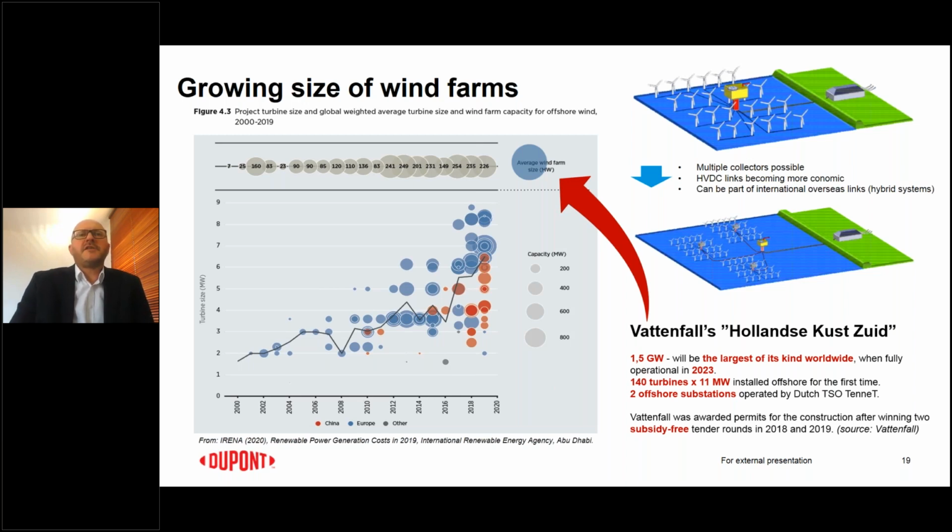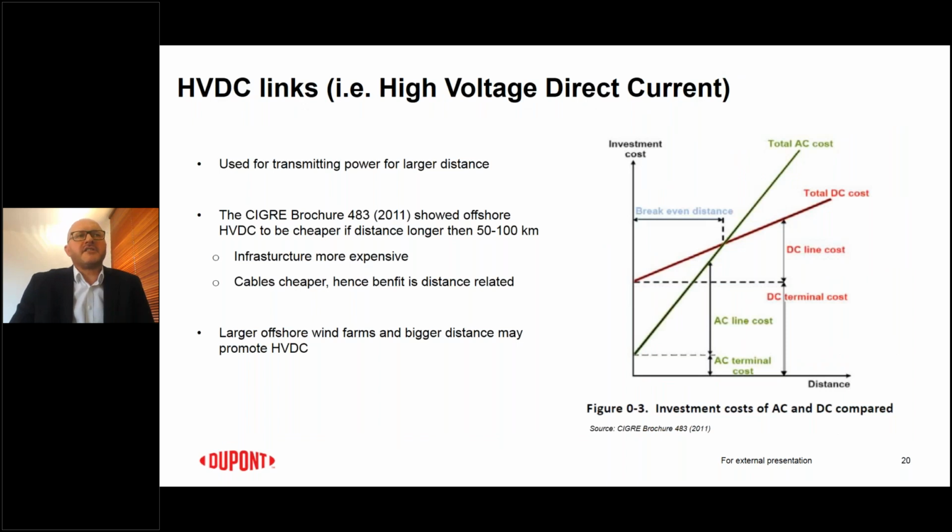And I mentioned the HVDC. This is a chart from the CIGRE brochure on HVDC. The HVDC may be important if the size and the distance from the shore is growing. If the distance is relatively small, we could have a relatively cheap AC collector system, but the cables would be more expensive.